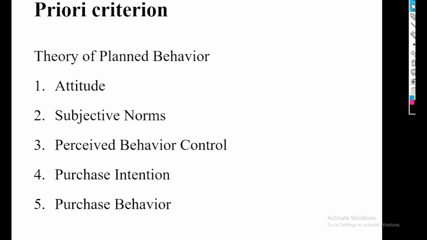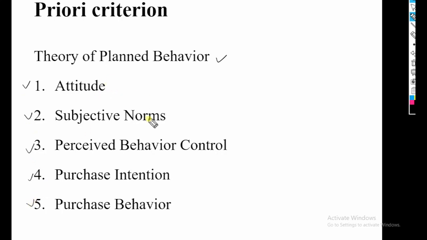Second is the a priori criteria, which means previous research can tell us how many factors we should take. For example, if we want to apply the theory of planned behavior, this theory can be explained by 5 factors. You can take 6 also if the literature review supports it.